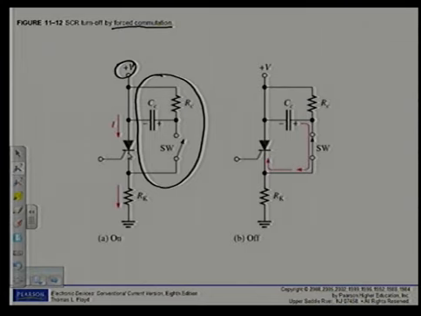And when I do close the switch, you can see from the capacitor charge, I will have a current flowing in this direction, which is in the opposite direction to the anode current. And I know if two currents are flowing opposite to each other, they will subtract. The anode current will become smaller than the holding current, and the device switches off. That is called forced commutation. That's the second method of how to switch an SCR off.